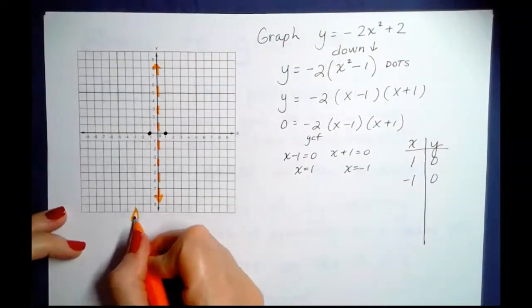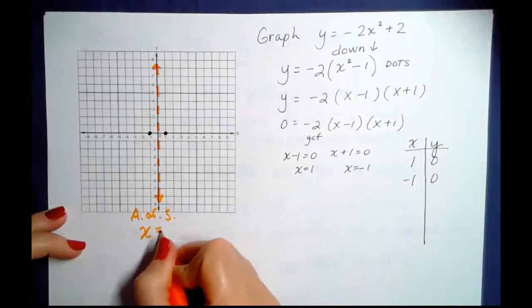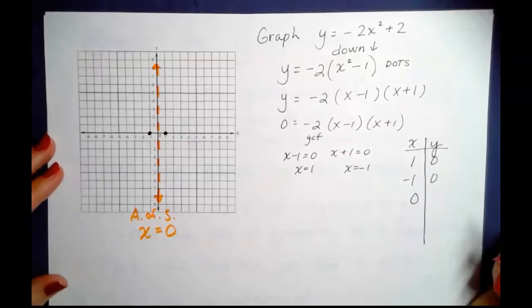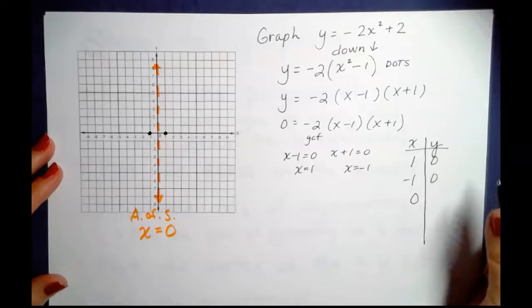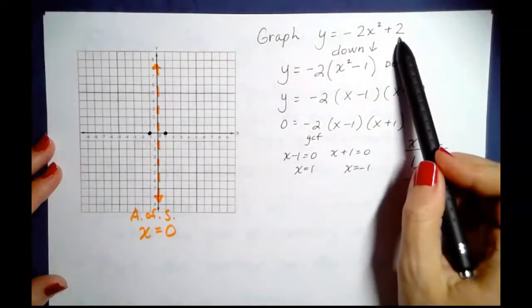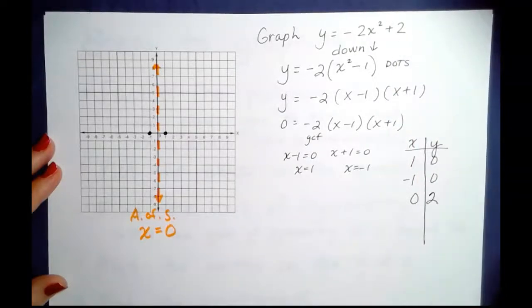So our axis of symmetry, our AOS, is x equals 0, which also means that our vertex will be on our y-axis. So plug in the 0, look at the constant. The constant in the given function is 2. So 0, 2.